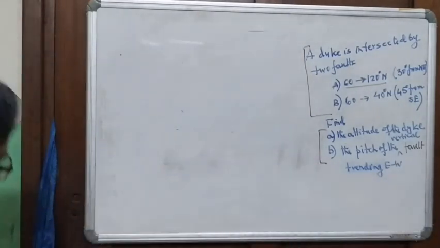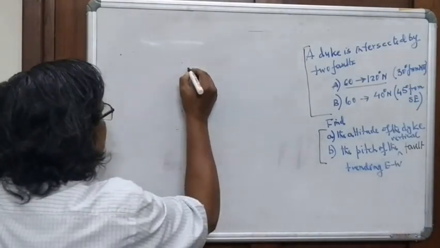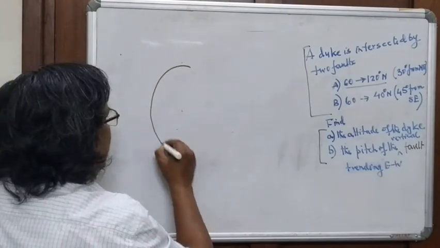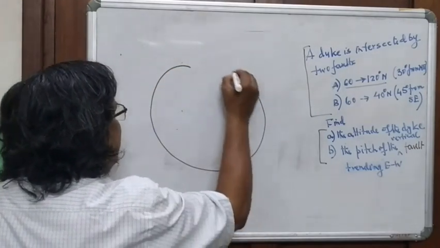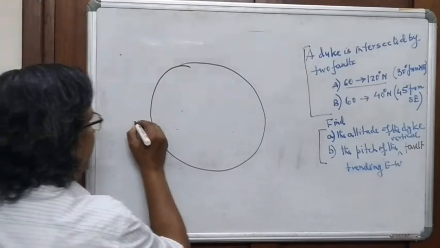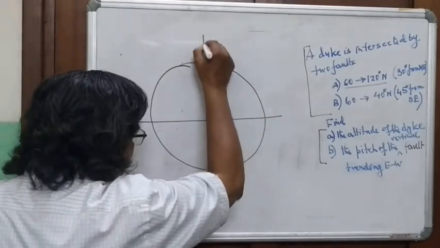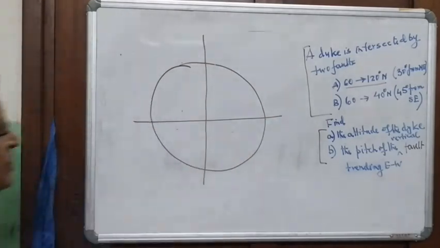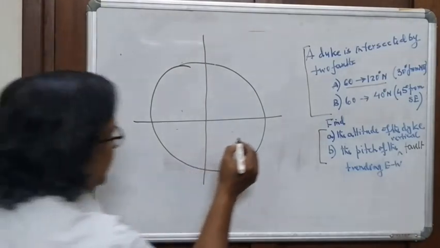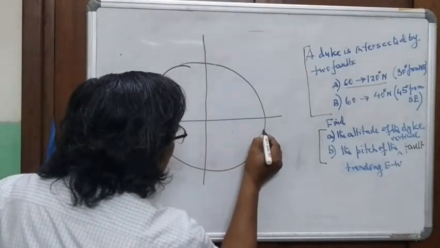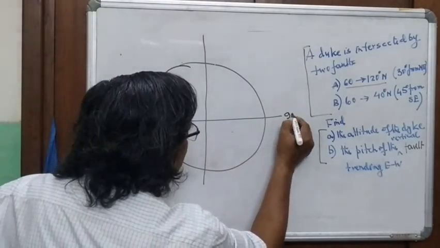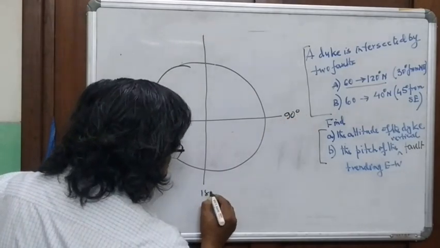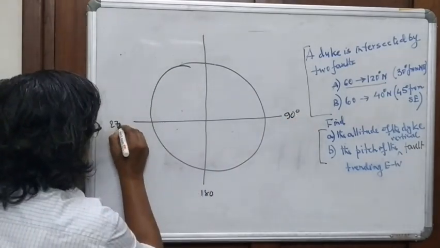Let's see. Since I have been drawing several of this problem, I will not go into the details of dip line and strike line and all that. You should know that I am already doing it. So 120 degree is this direction. Say this is 90 degree, and this is 180 degree, and this is 270 degree.